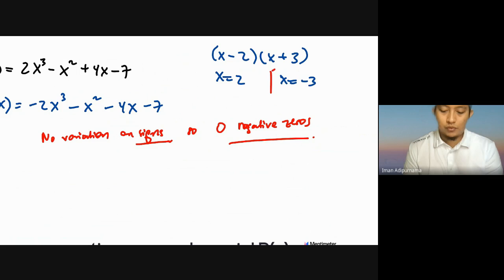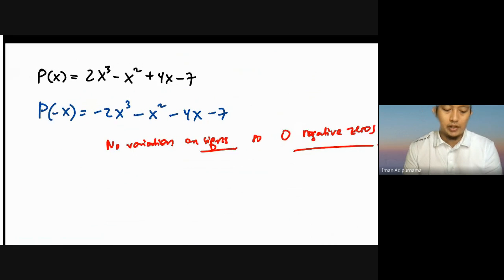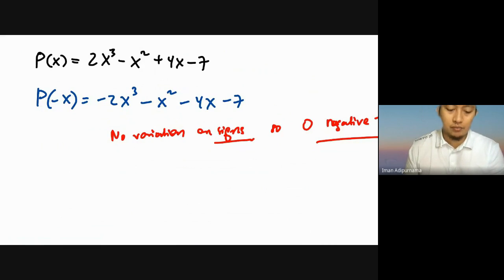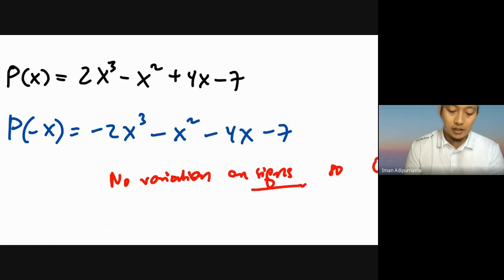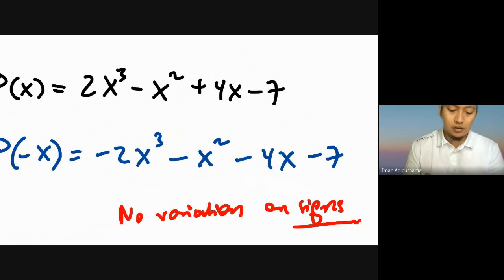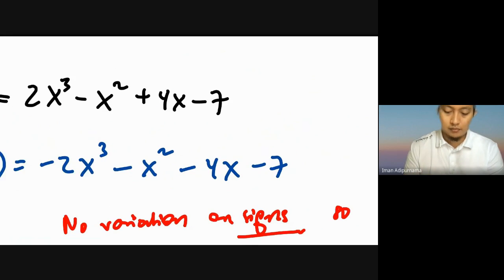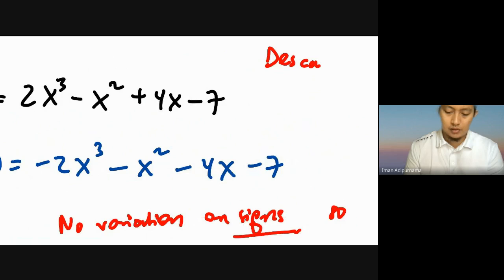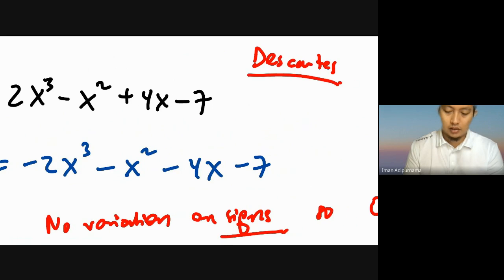This is the negative zero. In our case, the polynomial is 2x cubed minus x squared plus 4x minus 7. Let's first review the positive zeros using Descartes' rule. Let me review what this means.